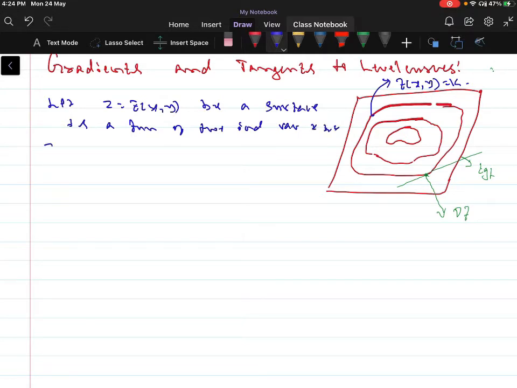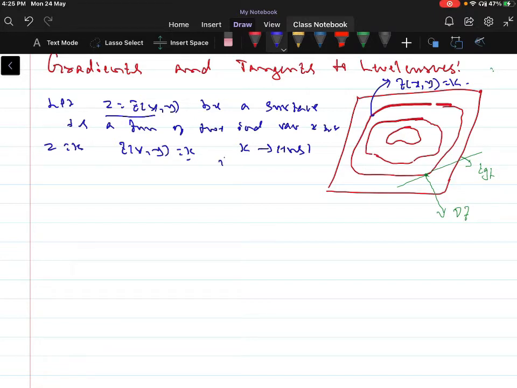By setting z is equal to k, we generate level curves on the surface. So f of x comma y is equal to k, where k is a constant. For different k, we form the level curves on the surfaces. These curves are embedded in the xy plane.